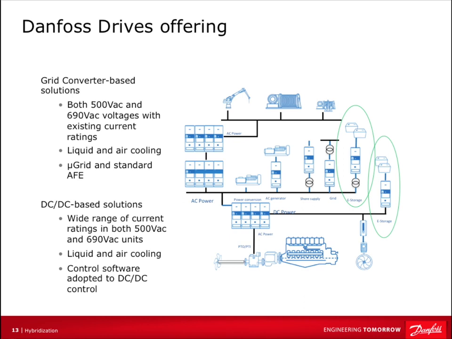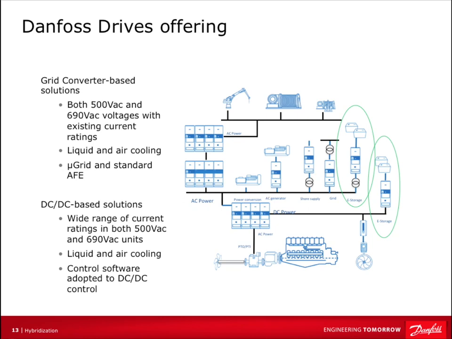It's available in both 500 and 690 volt voltage classes. It's available in liquid and air cooling, the same as our inverters. Liquid cooling medium is particularly useful for marine applications. And along with the inverter itself, we provide specific firmware to be able to provide microgrids and standard active front ends and connections to utility grids.